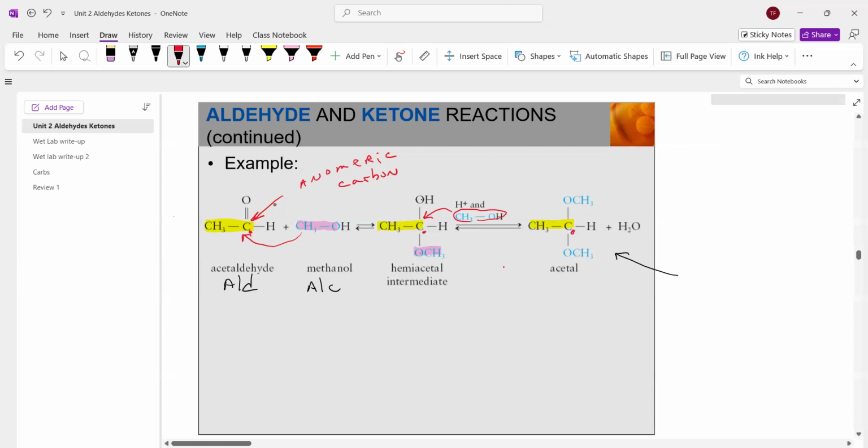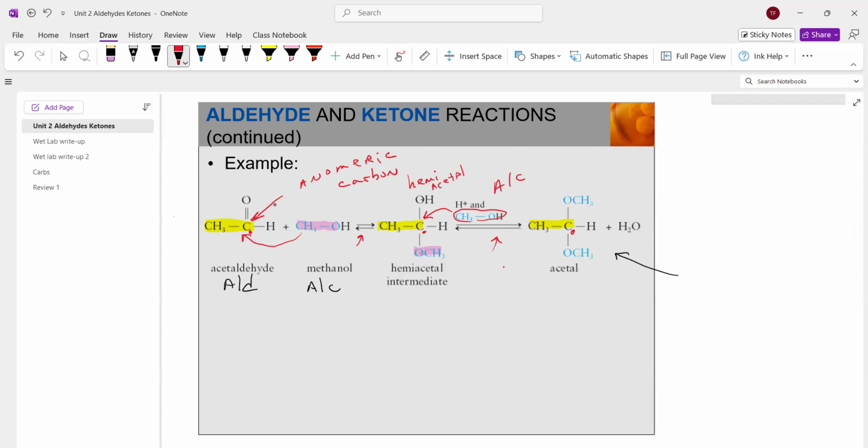And everything's going to attach to it or come off of it. See, these are double forwards and backwards reactions. So here's the alcohol. Here's the hemiacetal. And we have the anomeric carbon there in the middle still.